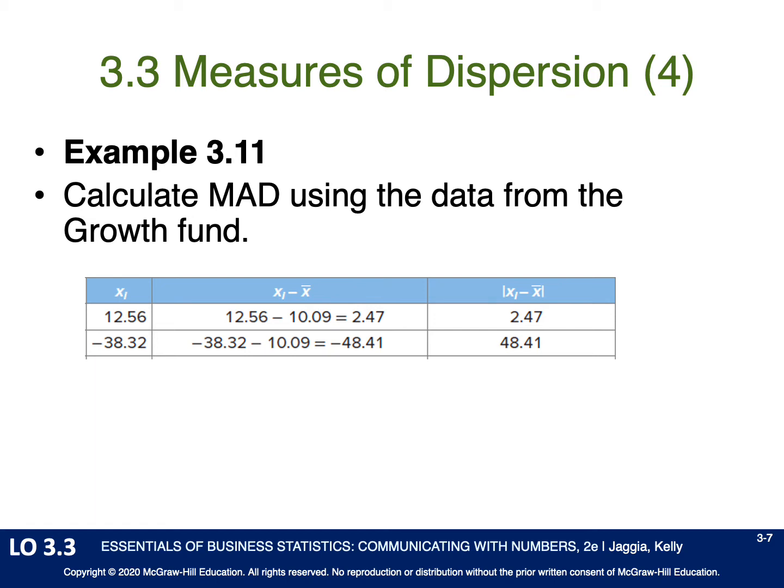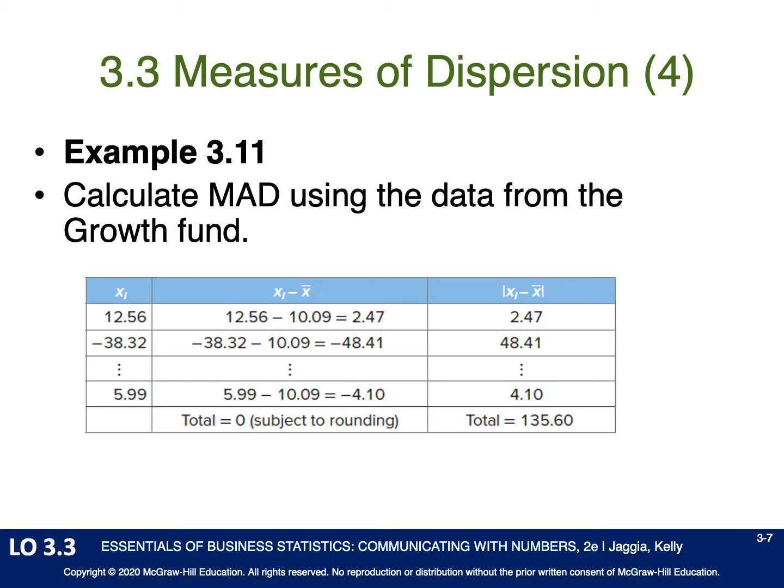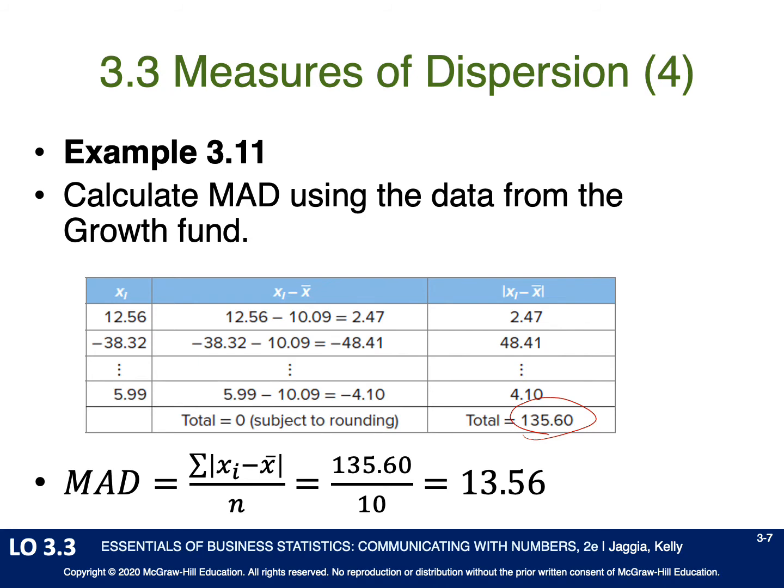We'll subtract the mean from each one, take the absolute value, add them all up, and we get 135.6. We've added all 10 observations up, we get 135.6. We'll divide that by the sample size of 10 to calculate that mean absolute value deviation of 13.56. And we'll see that when we get to the Excel in the next video.